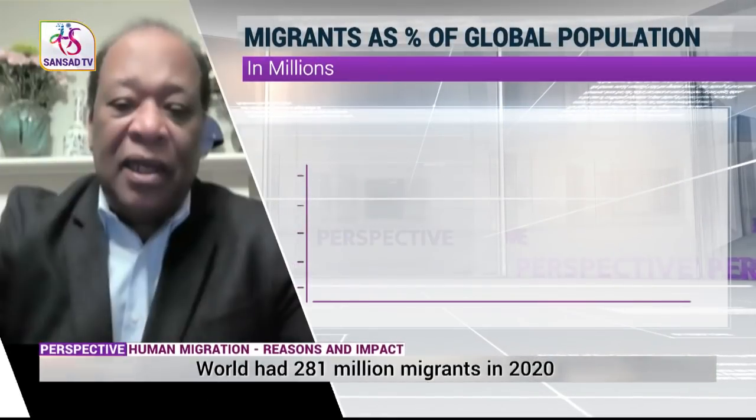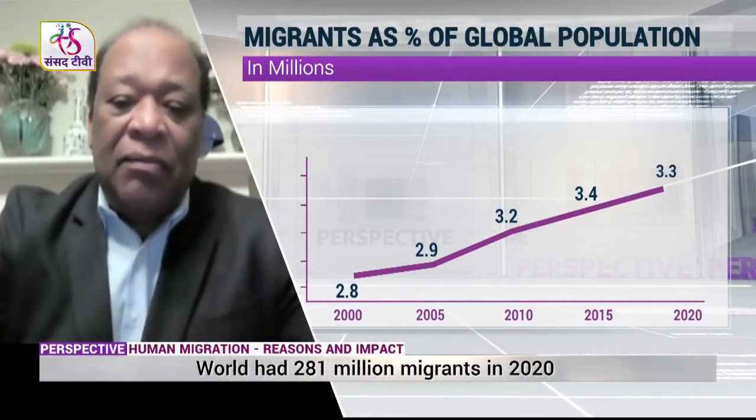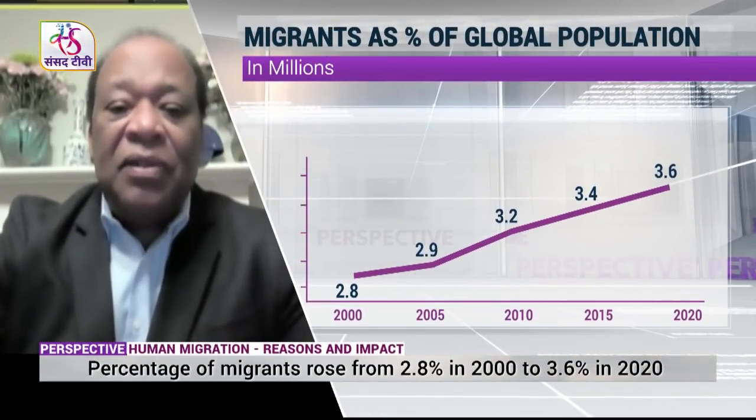A very interesting question you're asking, and one of the ways that I like to look at this issue is that if 3.6% of the world's population is in movement at this time as we speak, it means that something like 96% isn't.